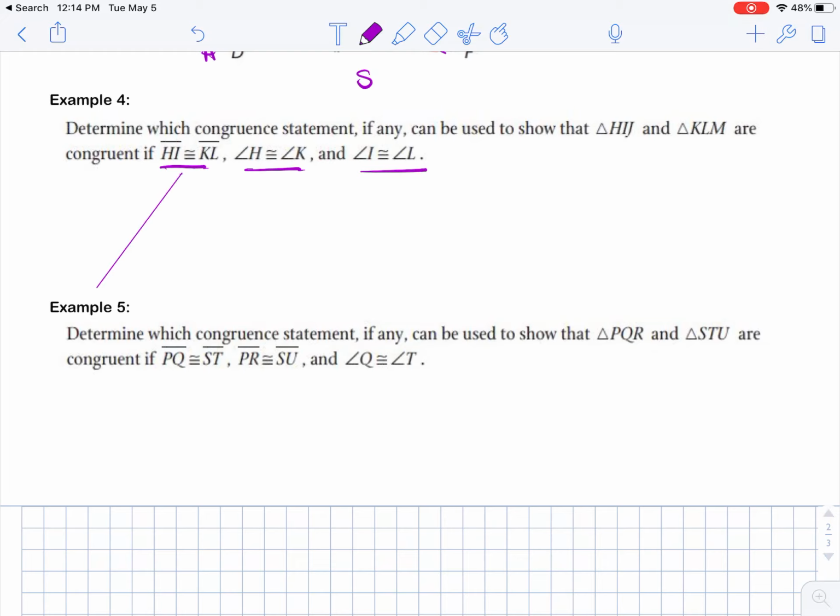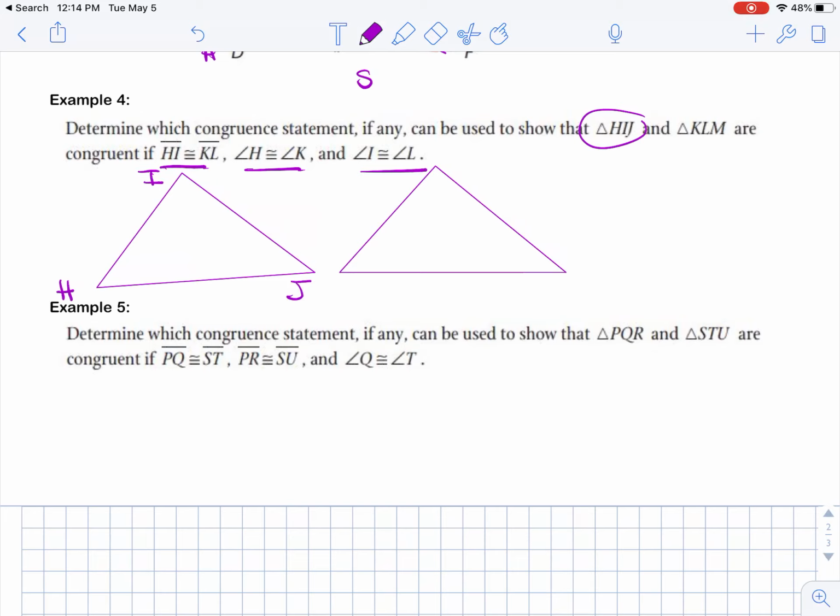So you can draw 2 triangles. It doesn't matter which way they look, but I feel like it's easiest to draw 2 triangles that look like these acute triangles. Okay, so if you notice, it said the first triangle is H, so I'm going to start here, I, J. And the second triangle is K, L, M.